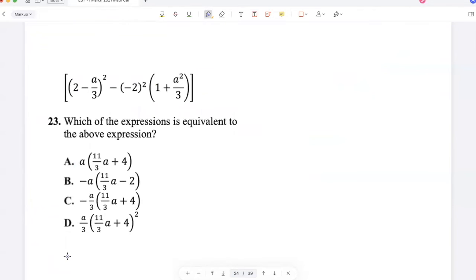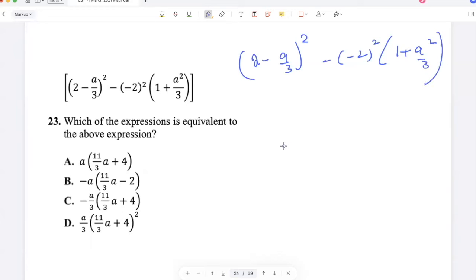Which of the following expressions is equivalent to the above expression? Okay, so let's just write it. (2 minus a by 3) squared minus (minus 2) squared (1 plus a squared by 3). Okay, so let's first open this. 4 plus a squared by 9 minus 4a by 3 minus 4 into (1 plus a squared by 3).